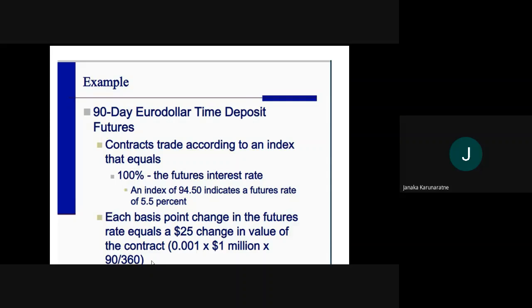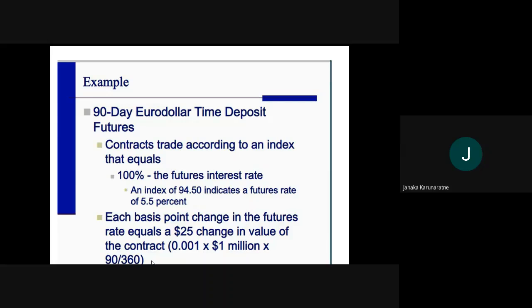So 1% means how many basis points? 100. So when you talk about a 1% interest rate change, it means a change of 100 basis points. Here, 1 basis point, that means a 0.01% change, will change the futures price by $25.